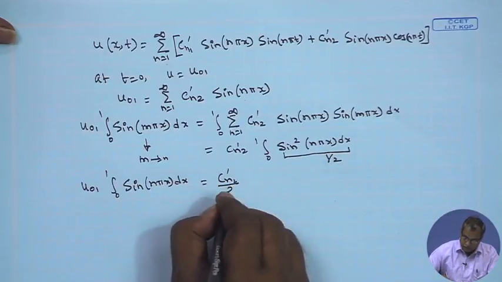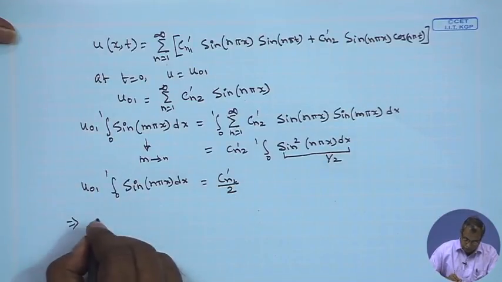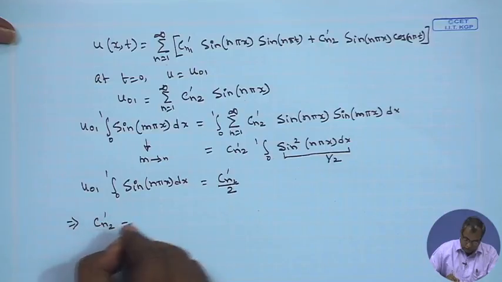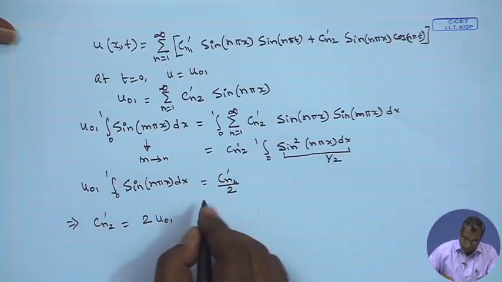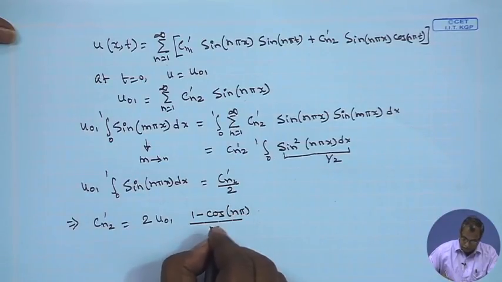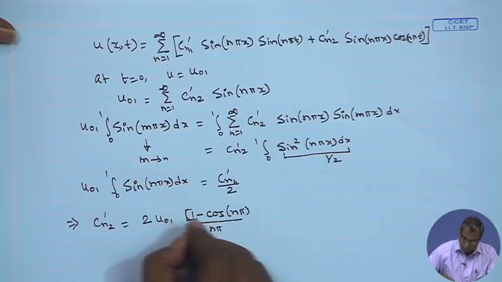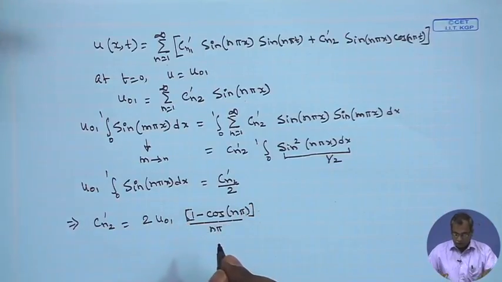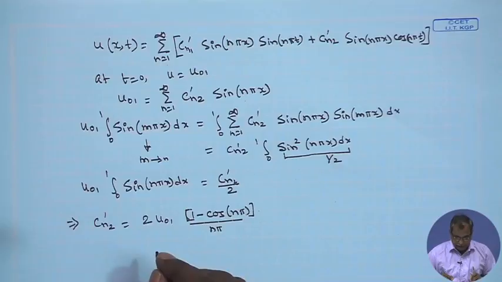So, it will be C n 2 prime by 2. Therefore, we have C n 2 prime is equal to 2 u 0 1 times 1 minus cosine n pi, divided by n pi. So, that will be the expression of C n 2 prime.